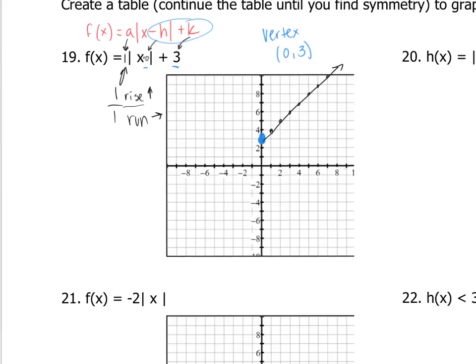Axis of symmetry would be right down the middle of that vertex. So then the other half would also be going up 1 over 1, but just kind of like off to the left. It's going up 1, left 1. And then you can see that this forms a perfect symmetric V, and you've got your graph for number 19.